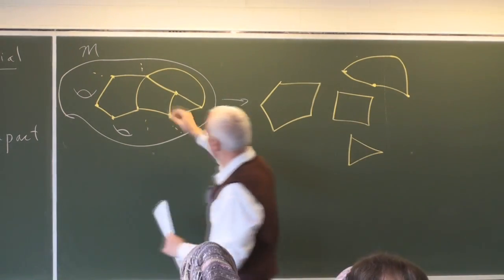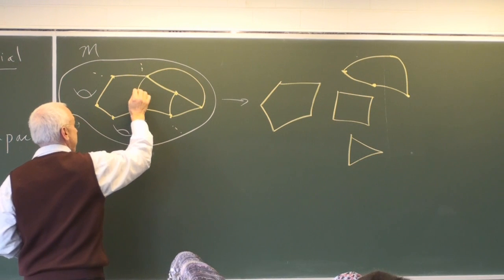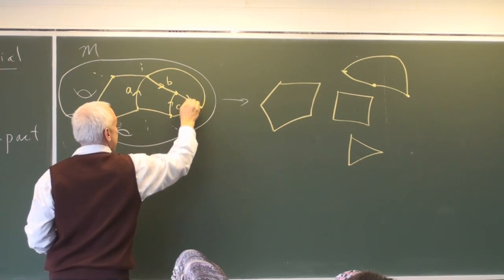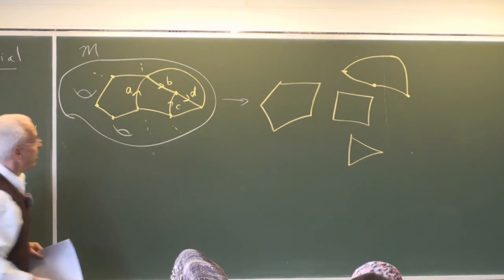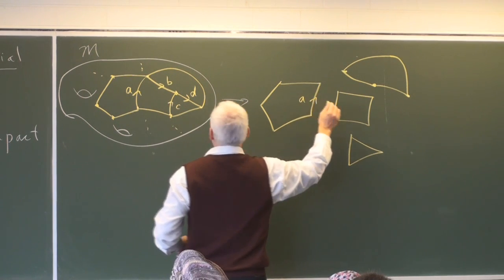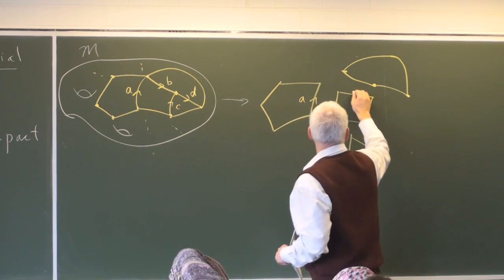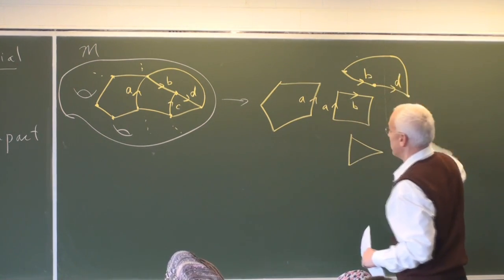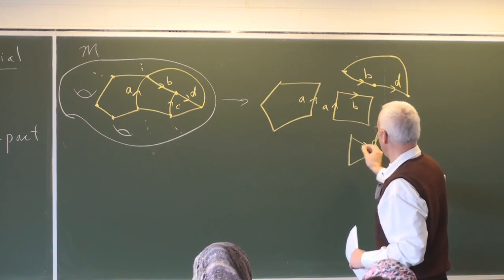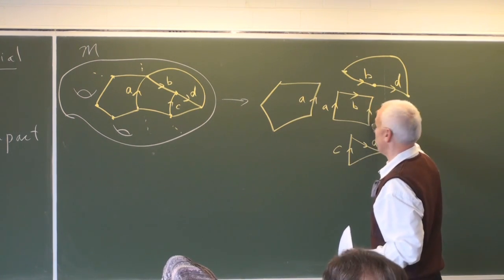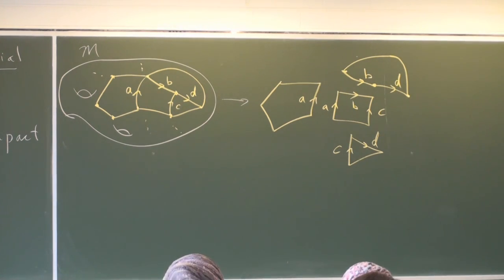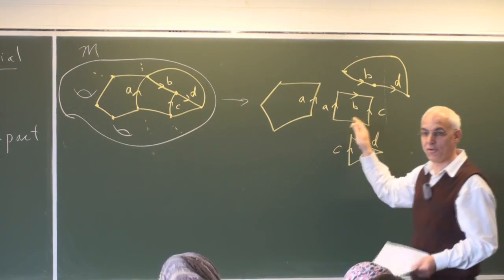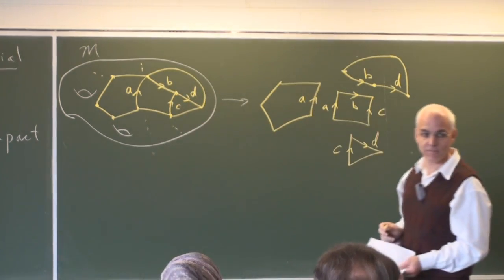And we'd have to be careful about labeling edges. So if we put some arrows and some labels, say A, B, C, D in some fashion or another, then we would have over here A, and B, and B, and D, say, and C, and C. And then these labels on these pieces would tell us how to glue the polygons together to get back the original surface.